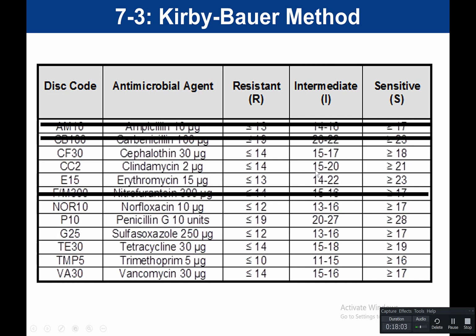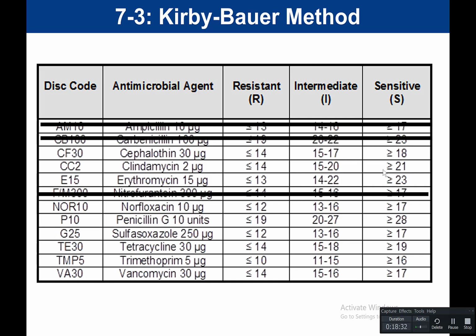If it's between 15 and 20, well, then we would record that as intermediate susceptibility. If it is greater than or equal to 21 millimeters, meaning again that the clear zone is very large, then we would record that the bacteria is sensitive to that drug, meaning that the drug was able to inhibit bacterial growth. So that would be what we call sensitive.